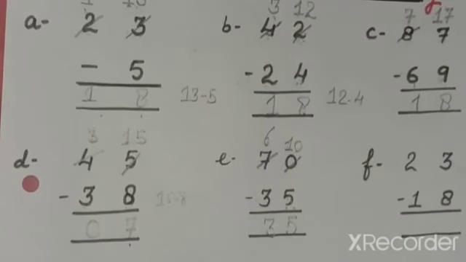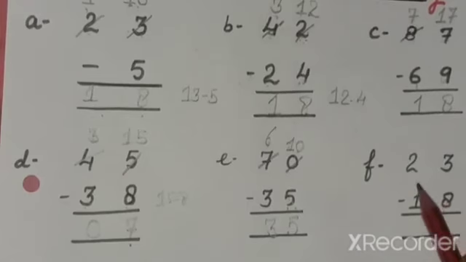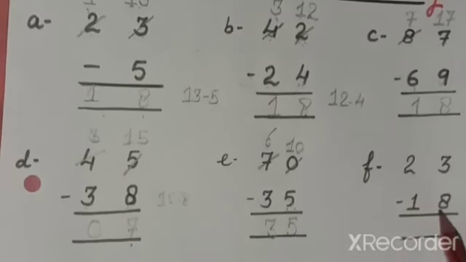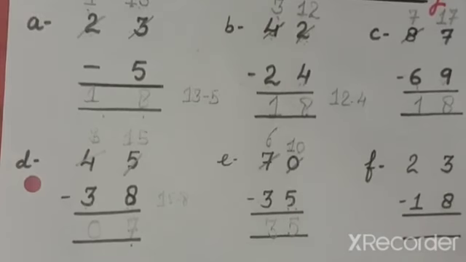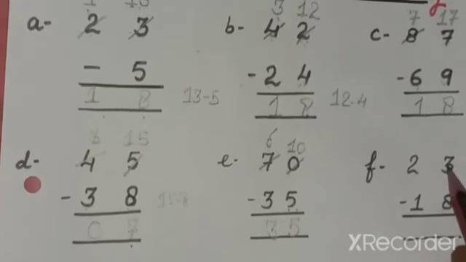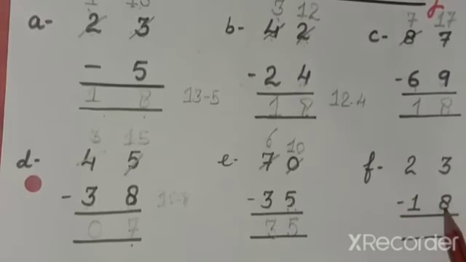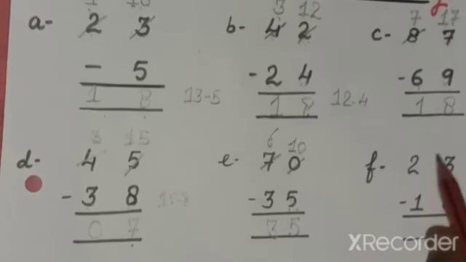Now we are going to solve the last sum. 23 minus 18. The same rule applies here also. Start with the number on the right side, that is 3 minus 8. 3 is too small to subtract 8, right? So what will we do?